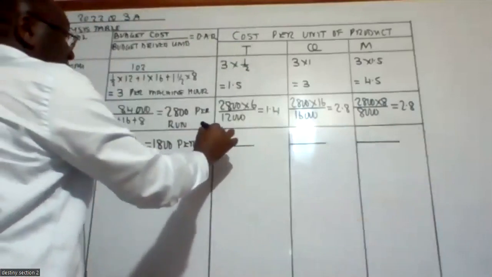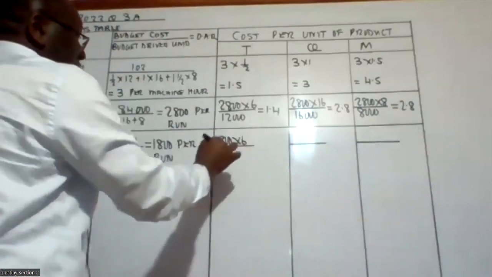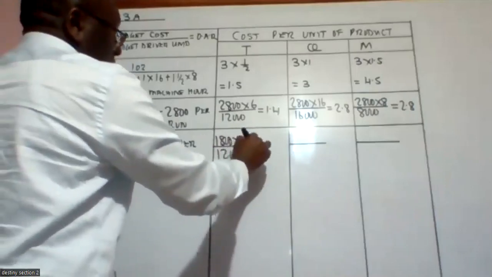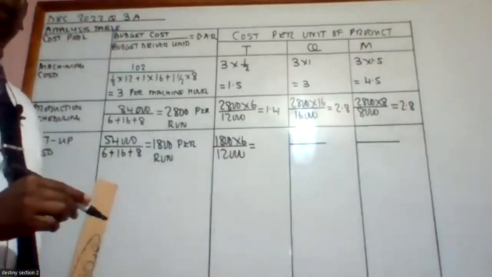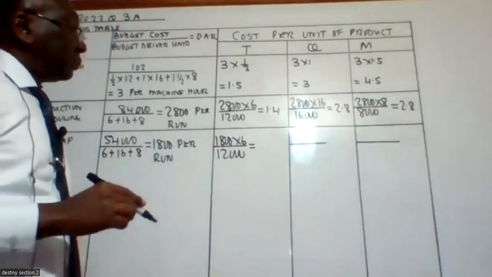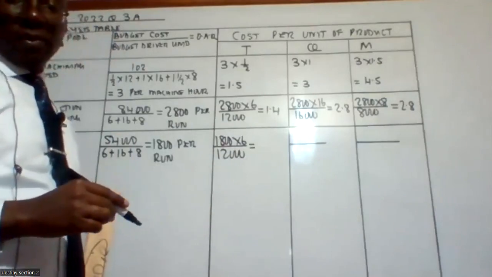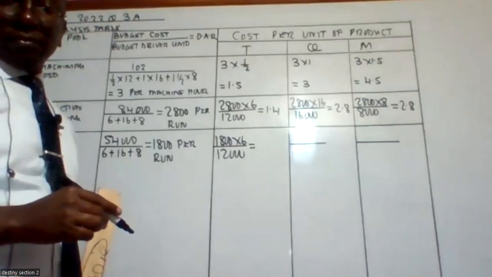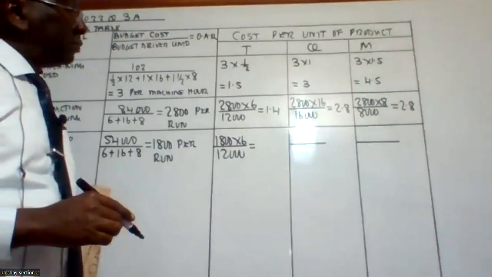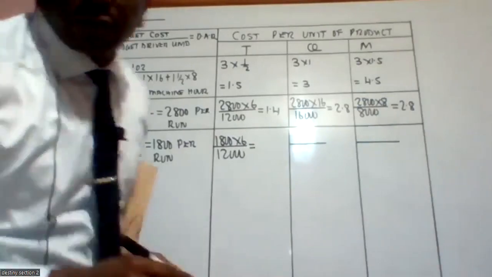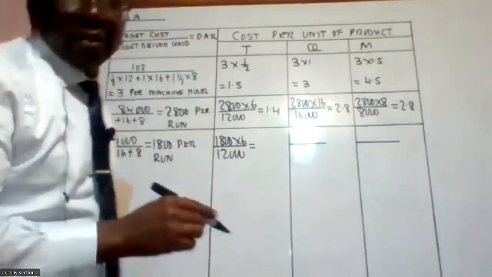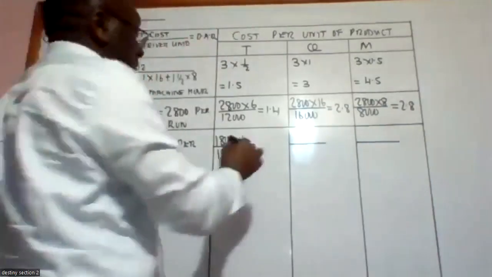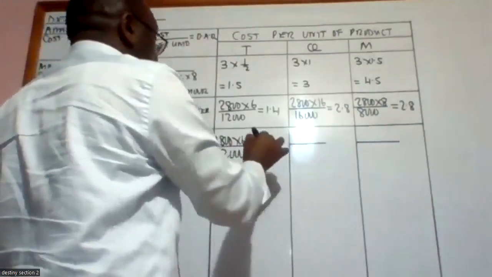So here we say 1,800 times 6. You divide by 12,000. So that becomes 9. Is it 9 or 0.9? 0.9, good.